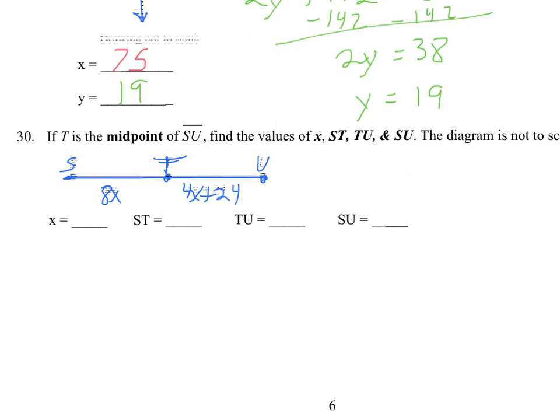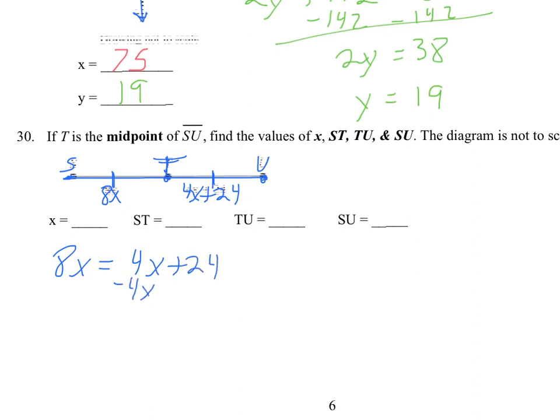It says that T is the midpoint, which means that this segment is congruent to this segment, since the midpoint splits it in half. We're going to find the value of x, ST, TU, and SU. So knowing that these two segments are congruent, we can say that 8x is equal to 4x plus 24.